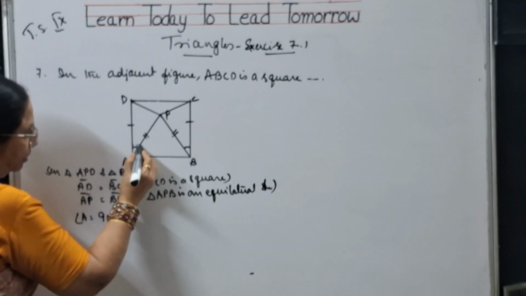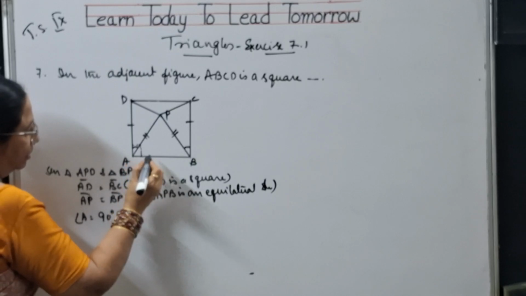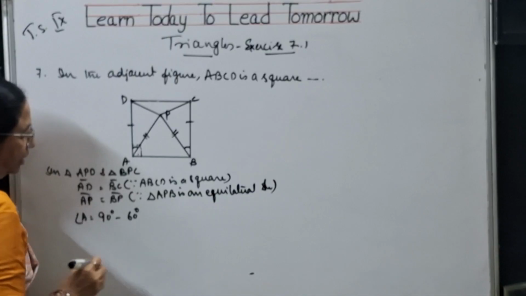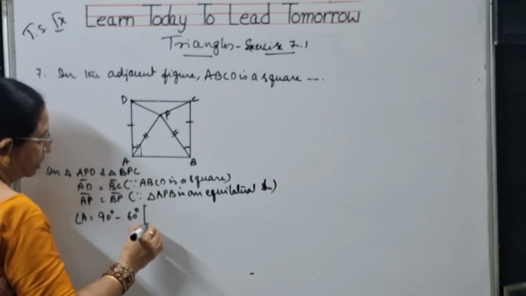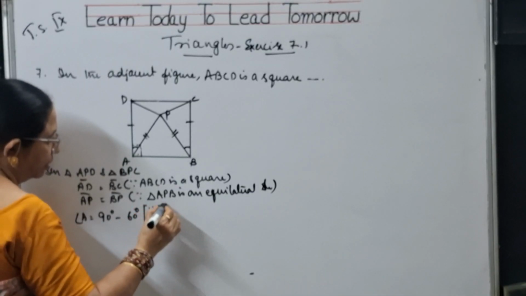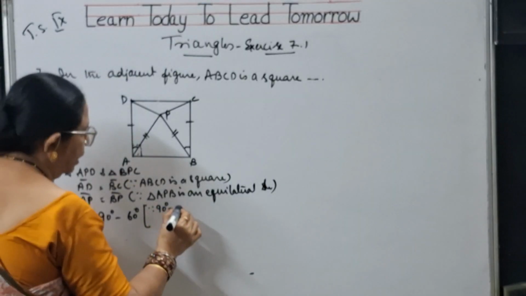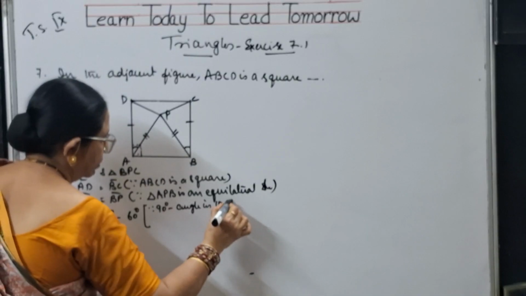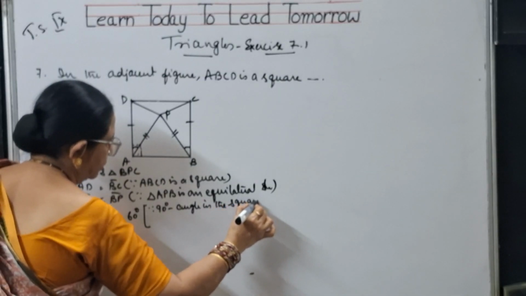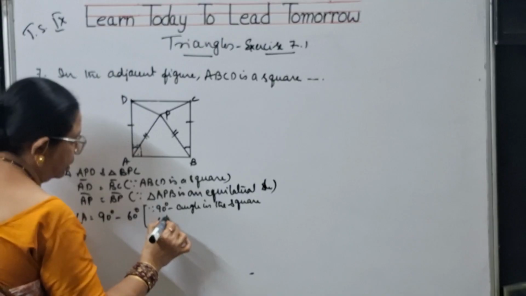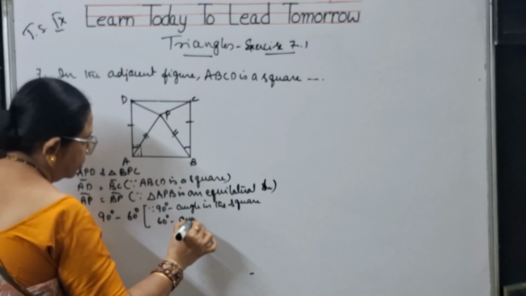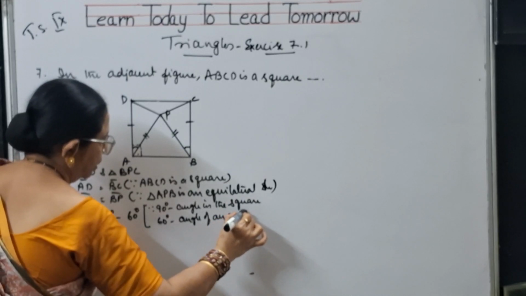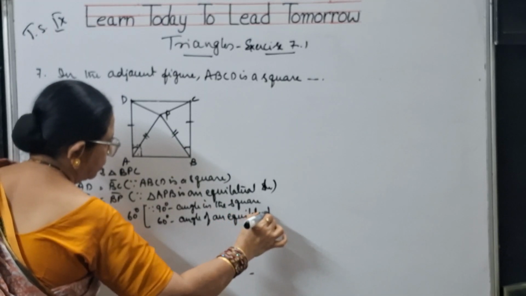This whole thing is 90 degrees, the angle in the square, and 60 degrees is the angle of an equilateral triangle.